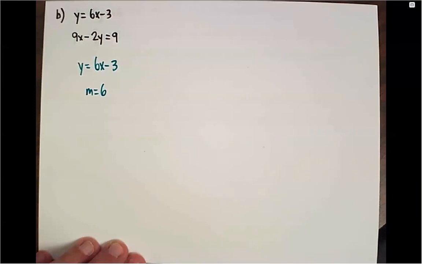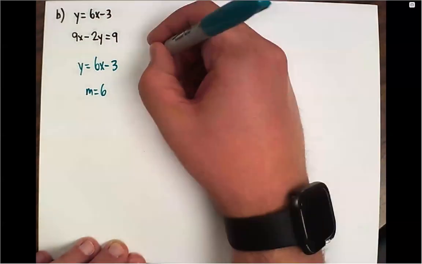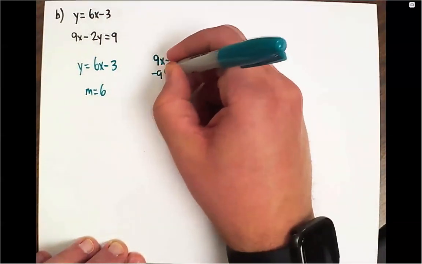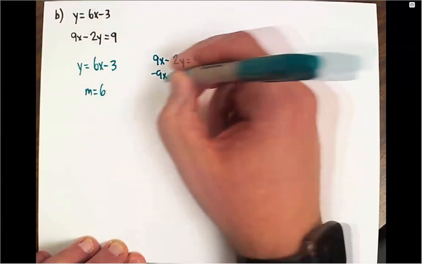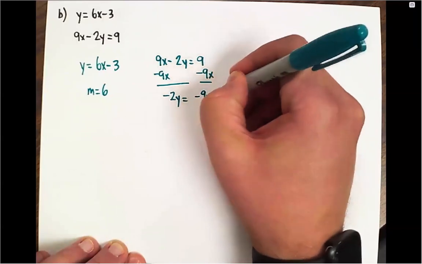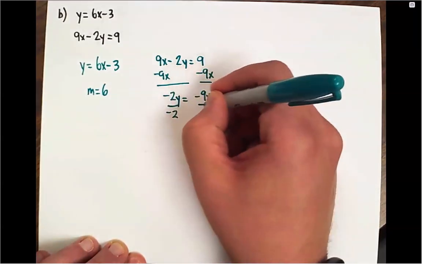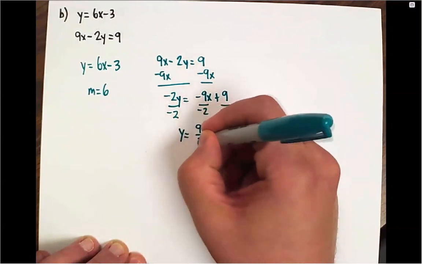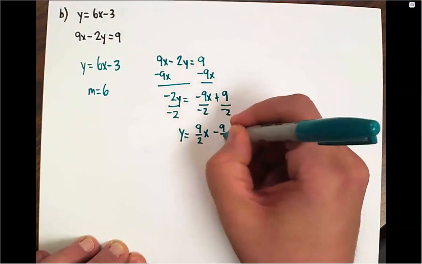But the second one is in standard form, so I need to put it in slope-intercept form. So 9x minus 2y equals 9. I subtract 9x, so I get negative 2y equals negative 9x plus 9, and then I divide everything by negative 2. And so I get y equals positive 9 halves x minus 9 halves.